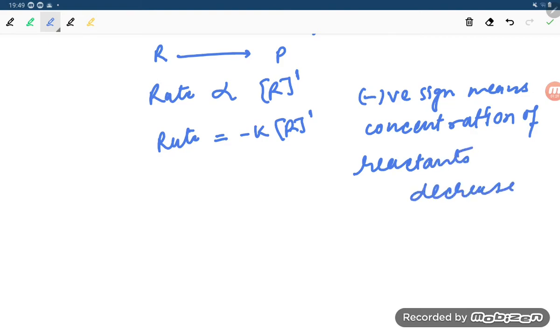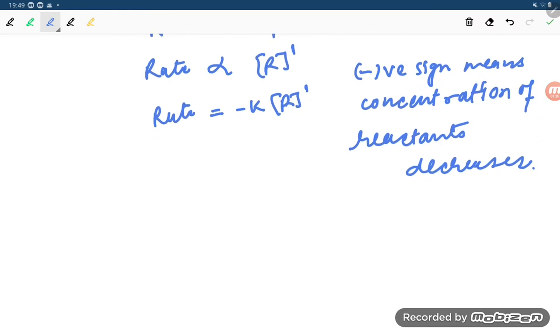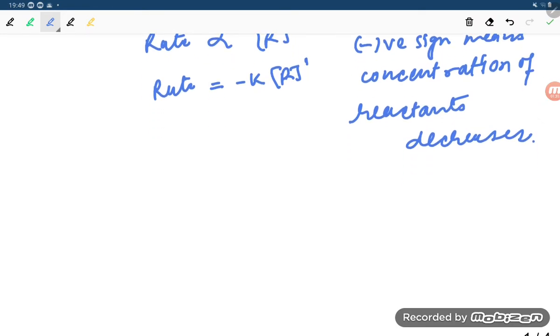Okay students, second point, let us understand this in a different way. Rate means change in concentration upon time.